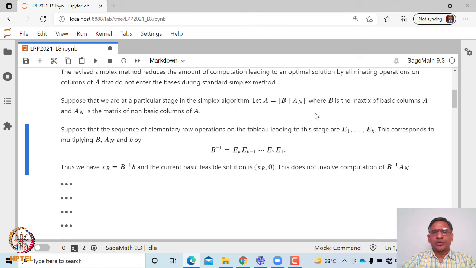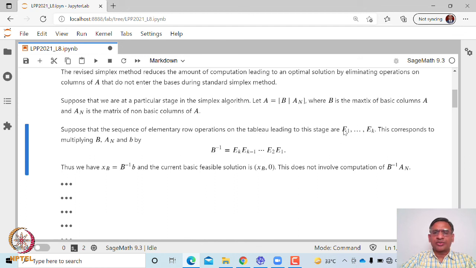And we know that finding the inverse of a matrix can be achieved by applying elementary row operations. So a sequence of elementary row operations will transform B and find the inverse of B. And let us assume that the sequence of elementary row operations that are required in order to convert B into B inverse are given by E1, E2, dot, dot, dot, Ek.